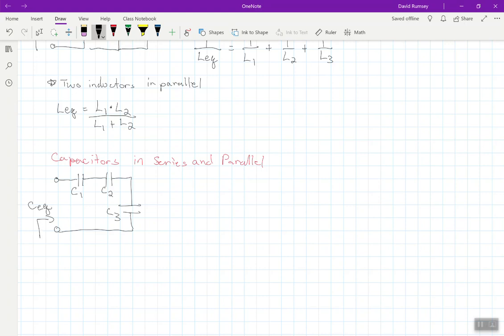Let's go back and do the same kind of argument we did before. So we have here that for capacitors, the current is equal to C times the derivative of the voltage.